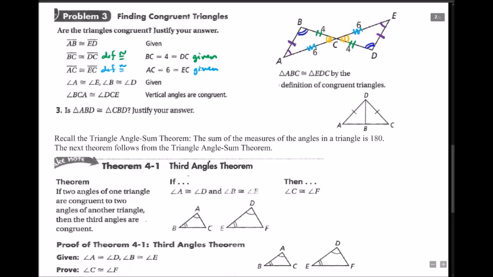Now look at how the angle's written. Angle BCA is congruent to angle DCE. Can you see why it has to go in that order? Because all of our corresponding parts have to match up. So we can use this to write a congruence statement.